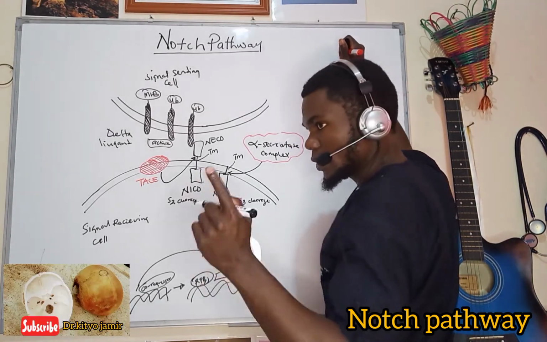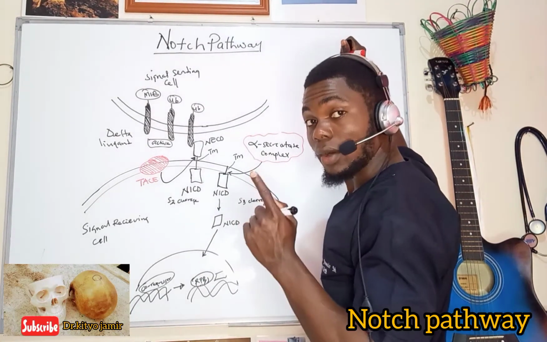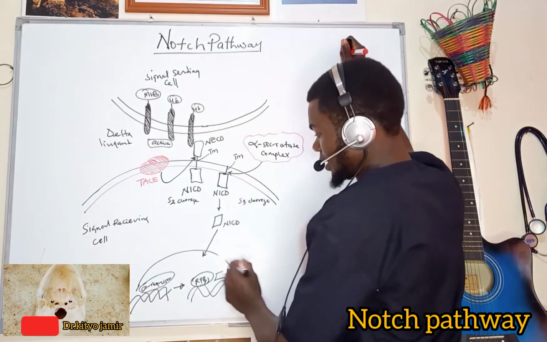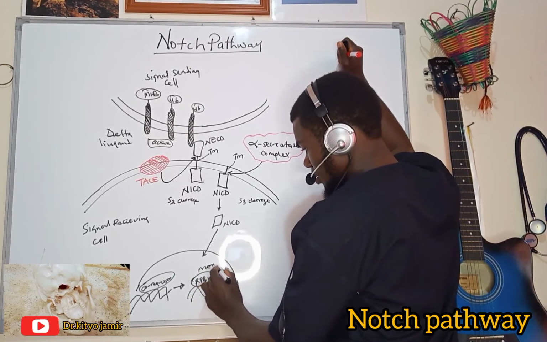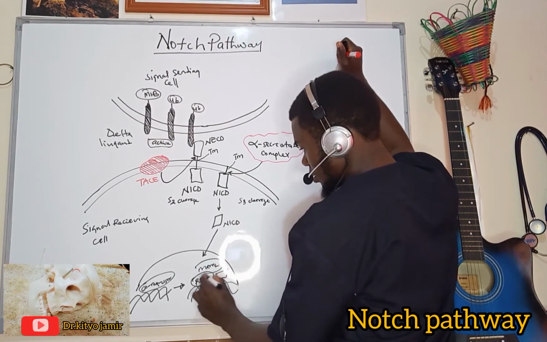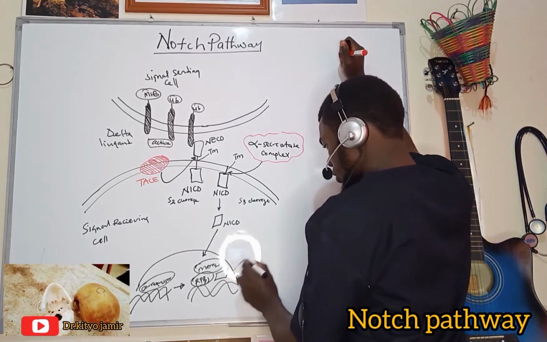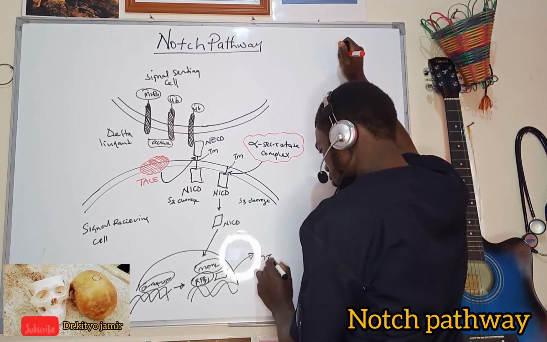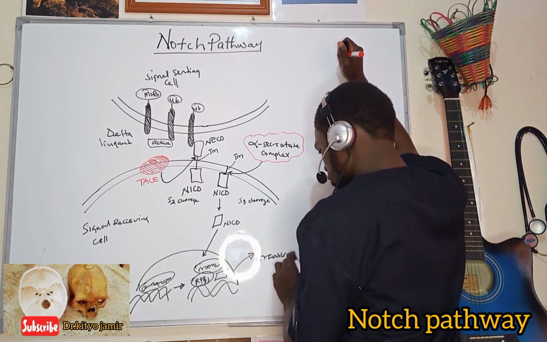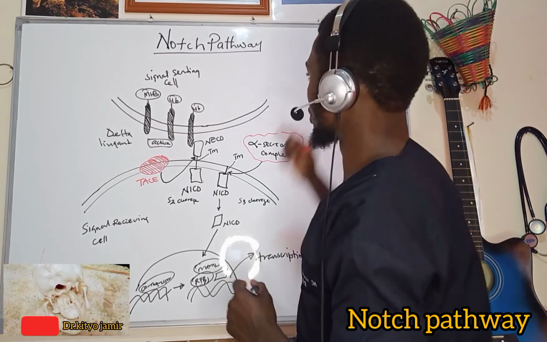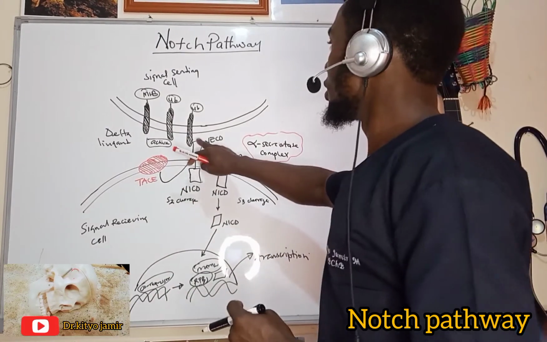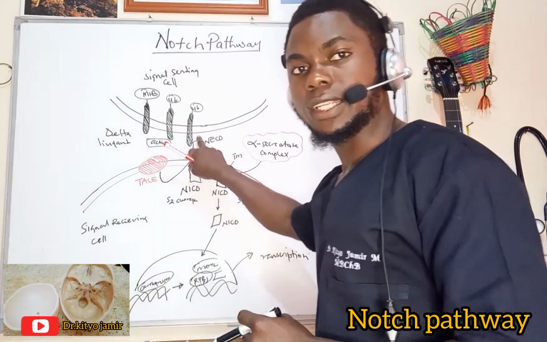Then remember, we had our mastermind-like activator is also going to come here. So this complex is going to lead to what we call transcription. This complex is going to be degraded in the proteasome.